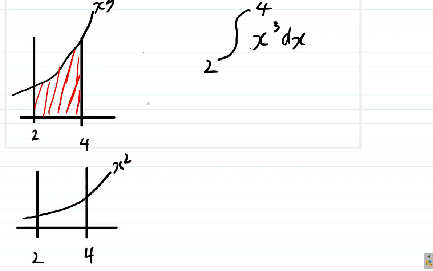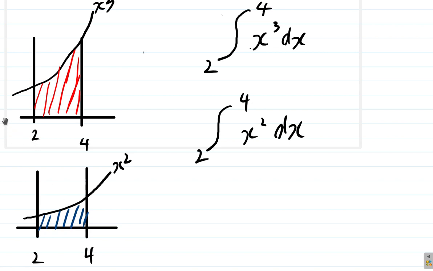Then if you integrate and say the integral from 2 to 4 of x squared dx, the area that you'll be finding is this area under here, right? You see that?